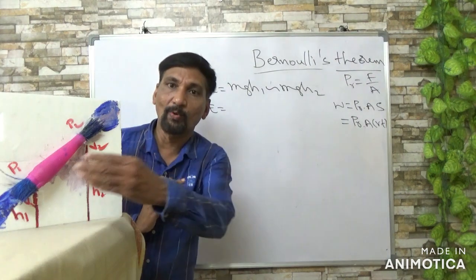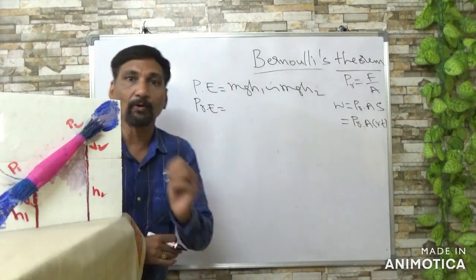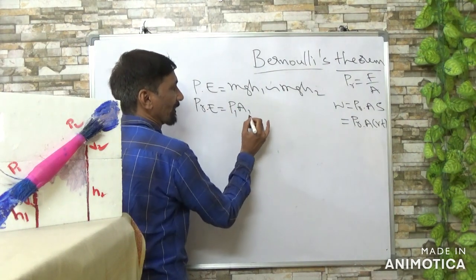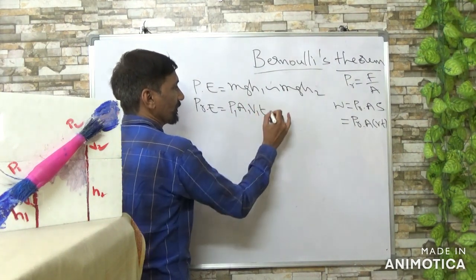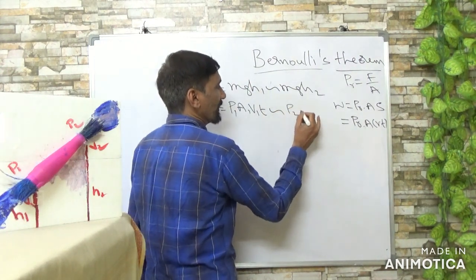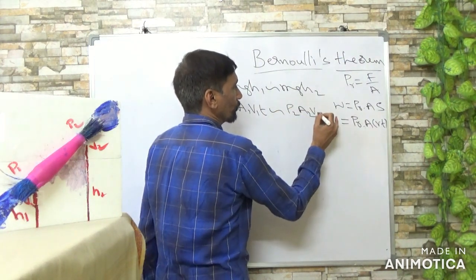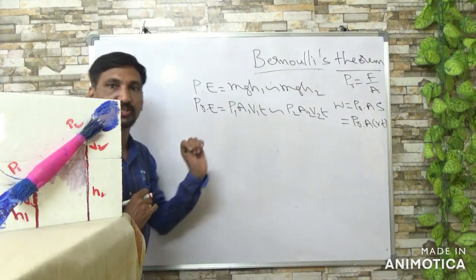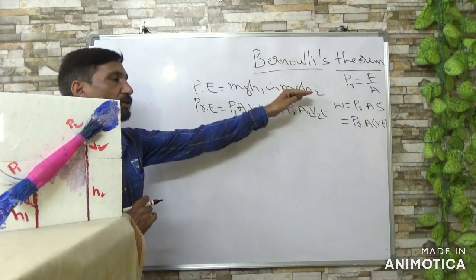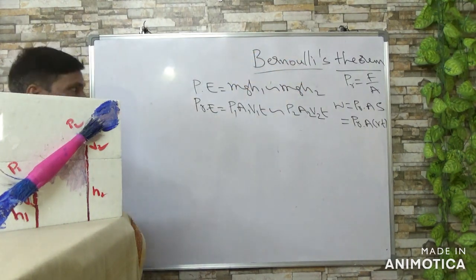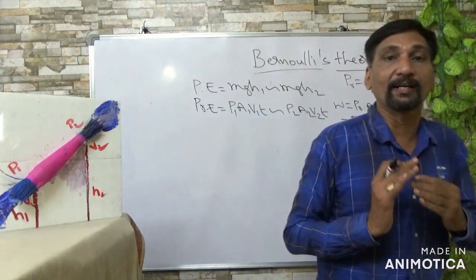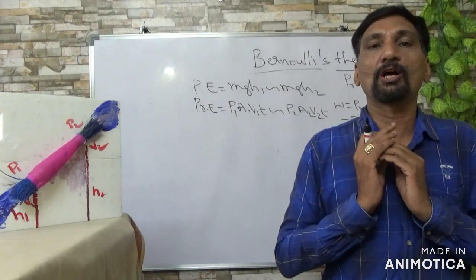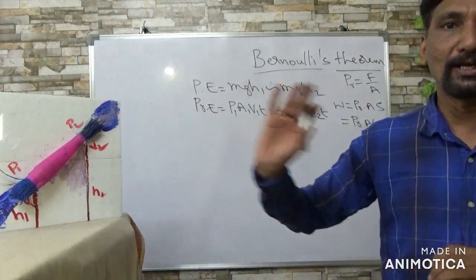So pressure energy at one end is P1 A1 V1 t, and at the other end P2 A2 V2 t. This is the difference of pressure energy, and this is the difference of potential energy. Total work done is due to variation of pressure and variation of potential.